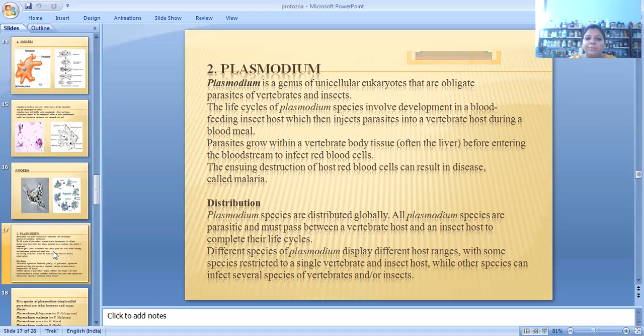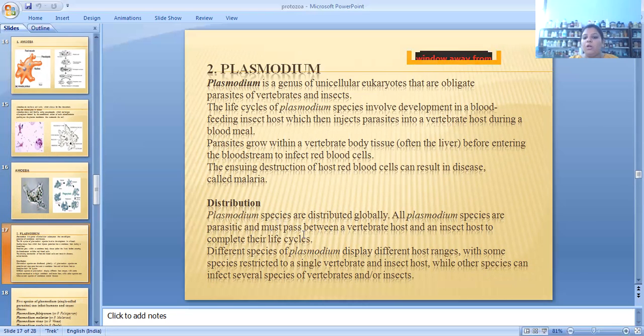The life cycle of Plasmodium species involves development in a blood-feeding insect host, either an animal, human, or other insects, right? They grow within the body tissue and destroy the host blood cells, especially the RBCs, causing the disease malaria. So this is in general about the Plasmodium.